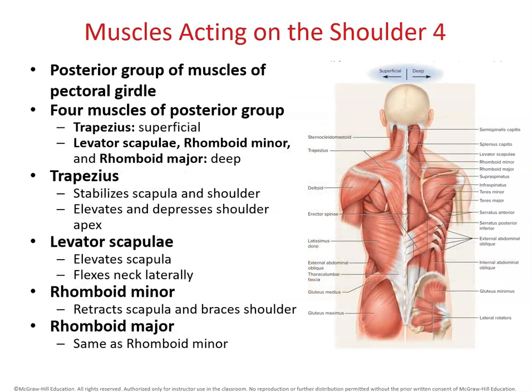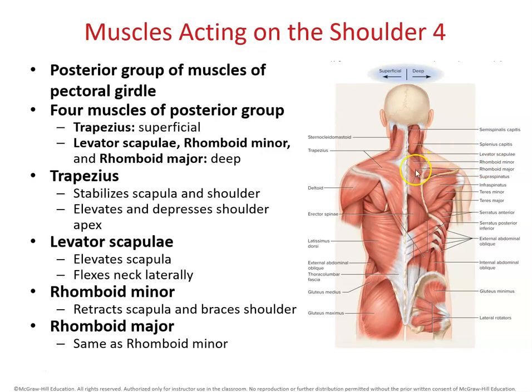Okay, so now we're talking about the posterior group. We have 4 major muscles in the posterior group: the trapezius that we've talked about before, the levator scapulae. Okay, so that one is here, and it's a deeper one, right? Because deep is, we can see from the key of our diagram. The rhomboid minor. Okay, so that's going to be this one.